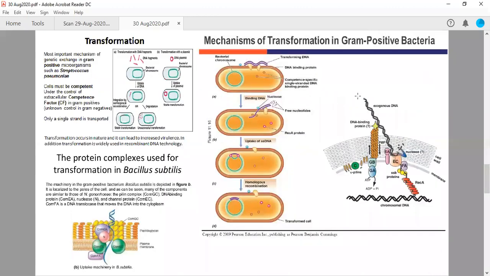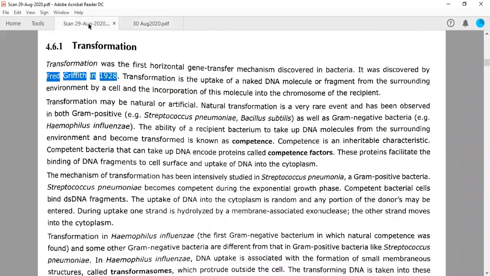Okay, so now we will go into the details of transformation. But before covering all this, first we will read it out from the text.